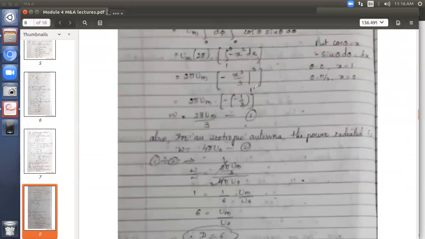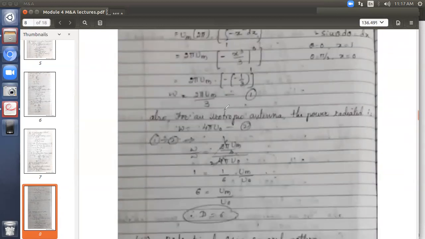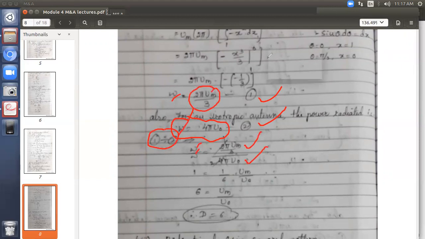Go for the second step. For an isotropic antenna, W is 4 pi into U naught. So then third step is taking the ratio of 1 and 2. So W by W is equal to 2 pi Um by 3 divided by 4 pi U naught.